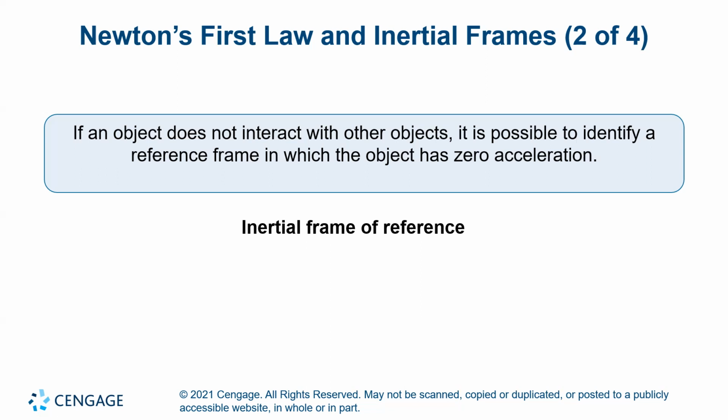So when you are in an inertial frame of reference, like when you are standing still and looking at an object, if that object you are looking at has zero net force, let's say, for example, you are looking at a chair that is still on the ground.